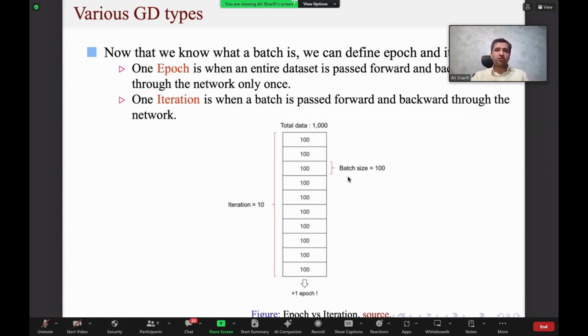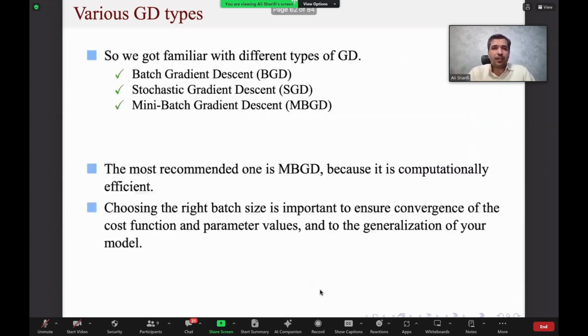We can do it in many different batches per iteration, and we can do the same thing again and again with our training data, which is called an epoch. After 100 epochs, our network might perform very well.